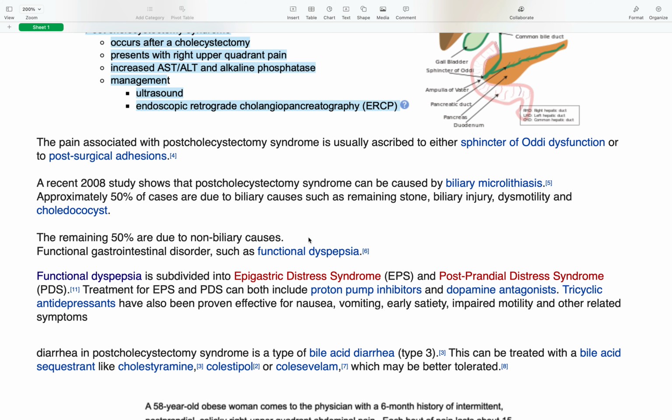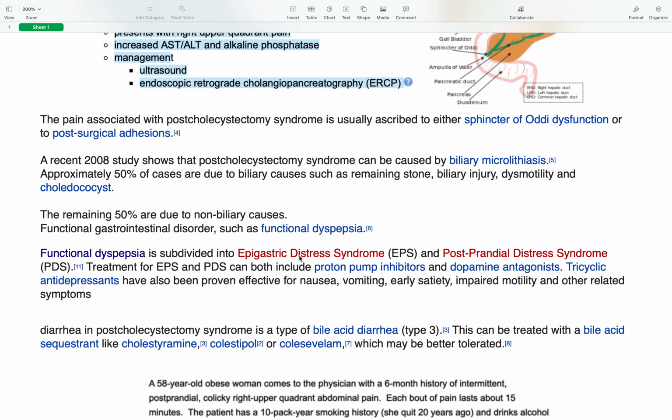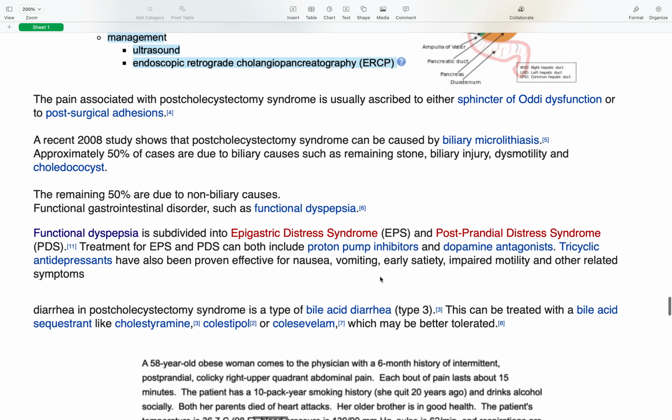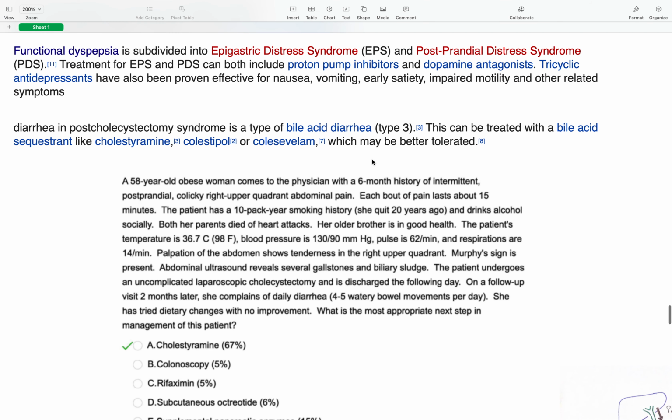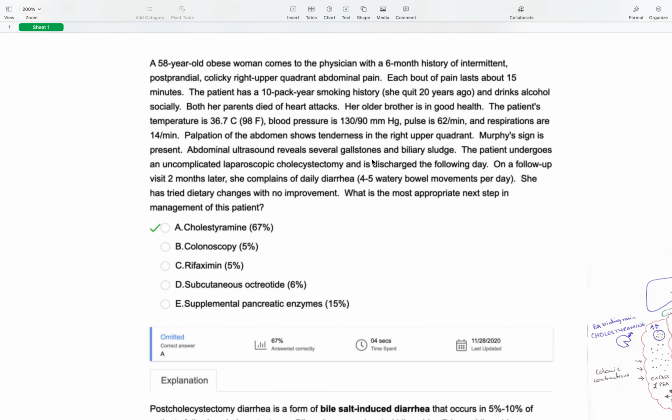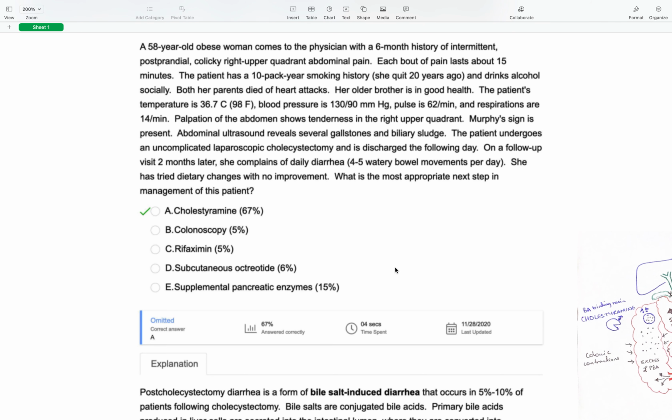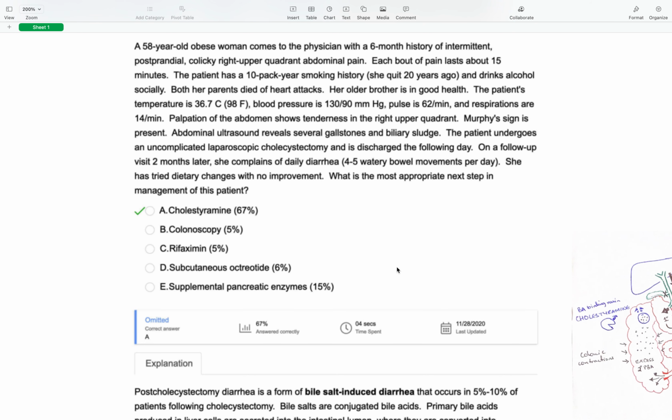Sometimes functional dyspepsia, which presents with epigastric tenderness, may be treated with proton pump inhibitors or dopamine antagonists, or sometimes tricyclic antidepressants. And lastly, sometimes patients may present with diarrhea. Now, the diarrhea in post-cholecystectomy syndrome is a type of bile acid diarrhea. Let me explain this with the help of a question which is from UWorld.